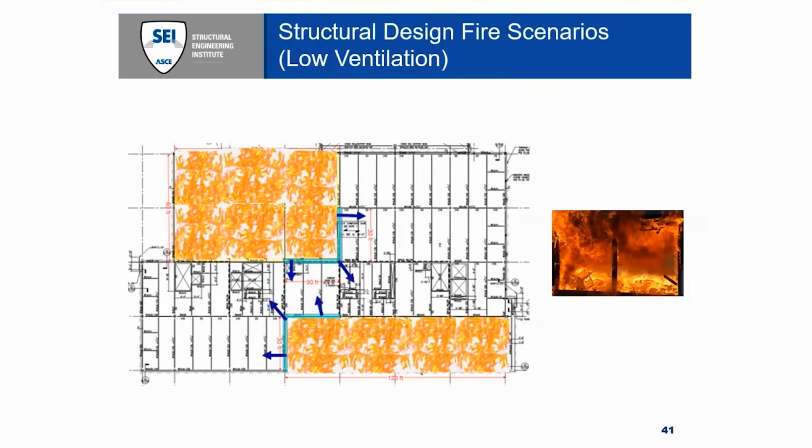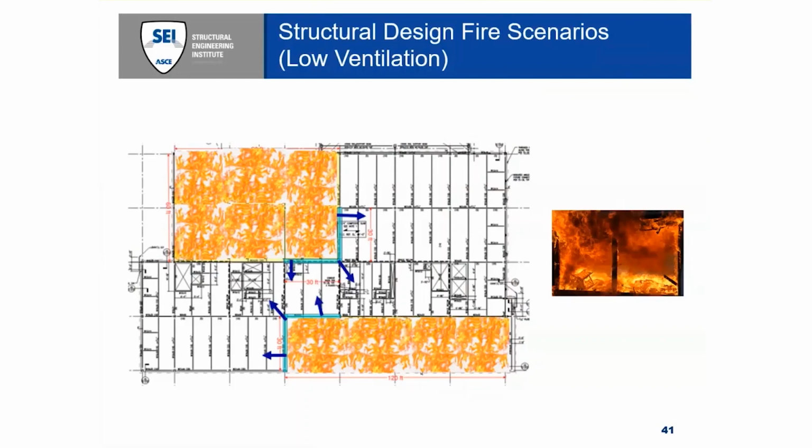For these cases, the ventilation is only provided from modest openings within the interior walls towards the core of the building, which allow hot gases to exit the fire zone to other areas of the floor plan. If the ventilation were reduced any further than this, we may eventually run out of oxygen and it would self-extinguish.